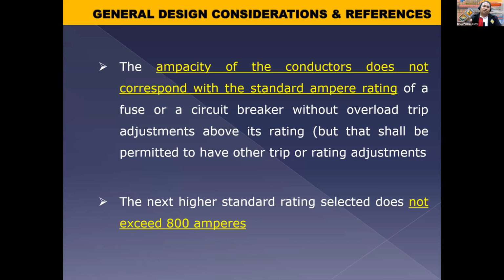So you need to select the next lower size. But if it will cause noise and stripping, then that is not practical. If you're going to use the next higher standard 1,000 amperes, then make sure the ampacity of your conductors also matches 1,000 amperes. Either you upsize your conductor or you parallel conductors so the resultant ampacity is 1,000 amperes. Okay?